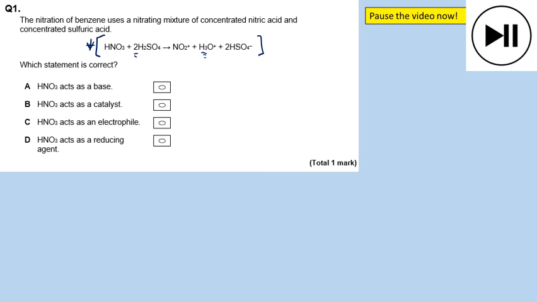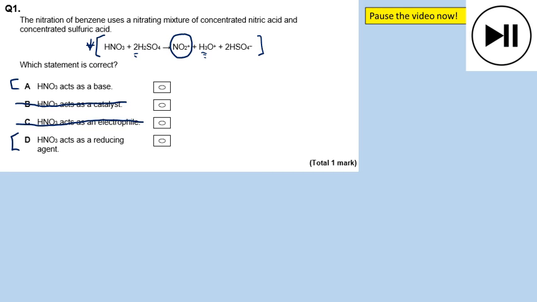Quite often in multiple choice, you can eliminate some answers pretty quickly. Well, we know the HNO3 is definitely not a catalyst, okay? The HNO3 is not an electrophile. The electrophile that we make, that's our electrophile there. So I'm eliminating that one as well. Right, so I've got it down to 2.